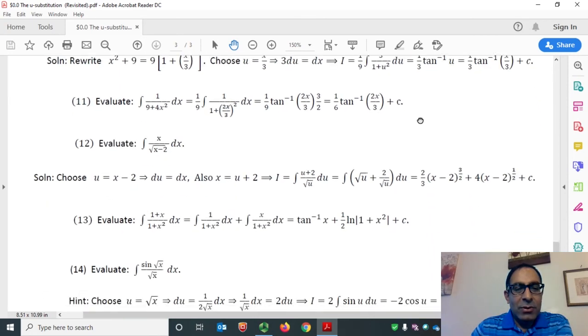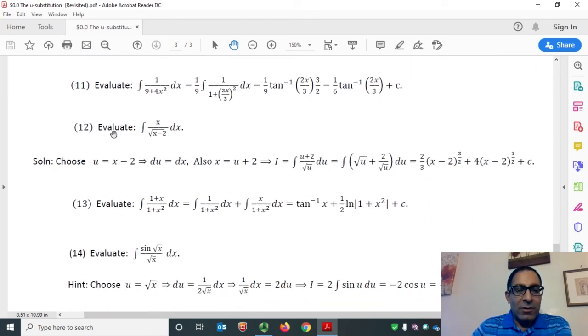Let's do example 12. Evaluate the integral x over radical x minus 2 dx. Great. So begin the solution. Put u equals x minus 2. Then take the derivative on both sides. So the left side is du and the right side is dx, because the derivative of -2 becomes 0.